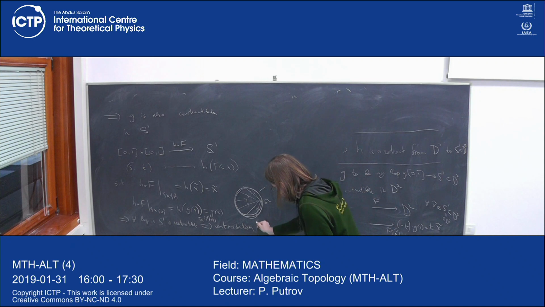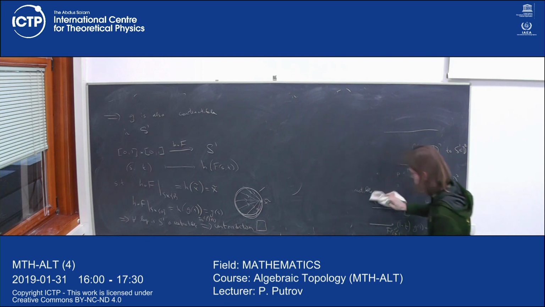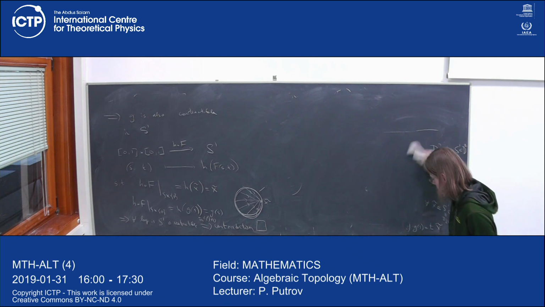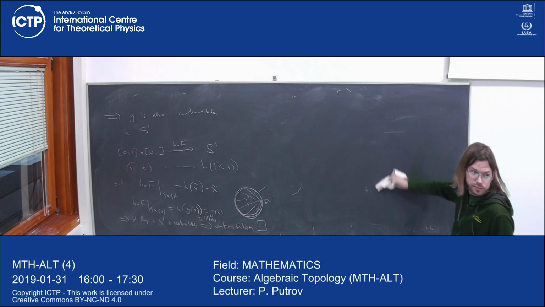So this concludes the proof. So our initial assumption is false, and then there must be a point such that f of x is the same as x. Questions?